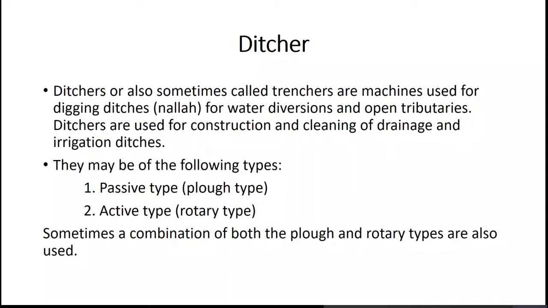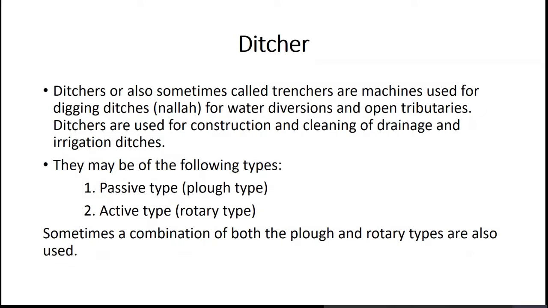We have to attach the plow either to a bull, ox, cow, or a tractor, or manually, and you have to dig it deep in the soil and pull it from one side. Due to the action of pulling, soil opening takes place. That is passive type or plow type.